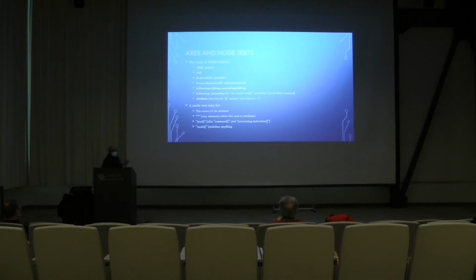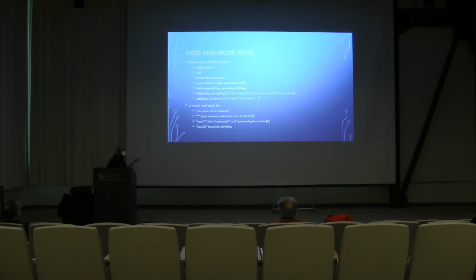So I mentioned the axes just to give a list of some of the important ones. You can imagine we're working with trees, so you've got child, parent. I mentioned earlier that you can have a dot representing the self axis. So you can also use that to apply multiple node tests to the same node, although it's not common that you would need to do that.